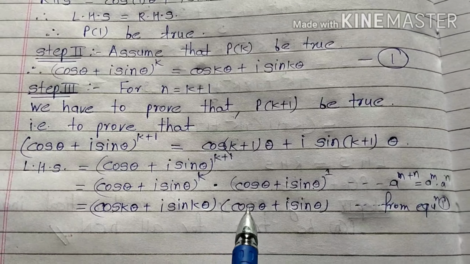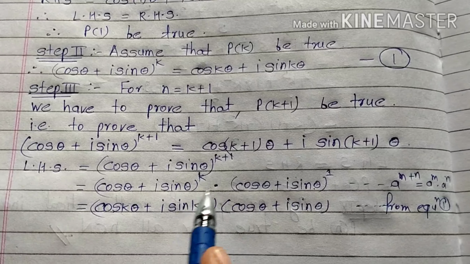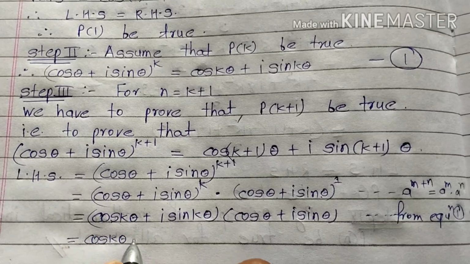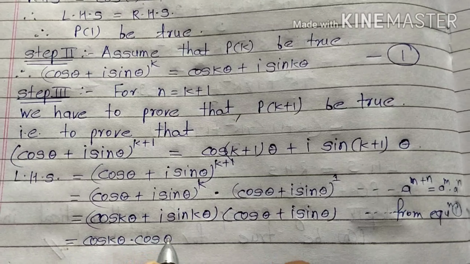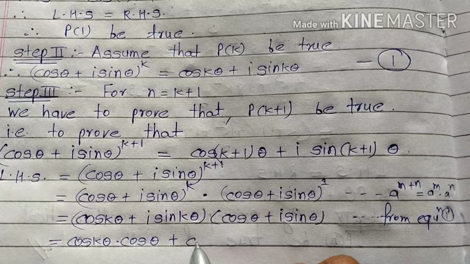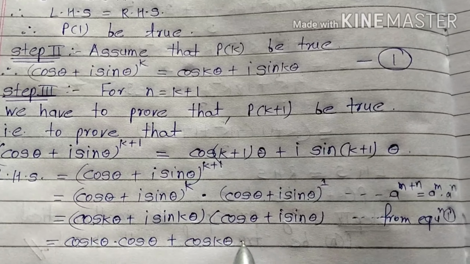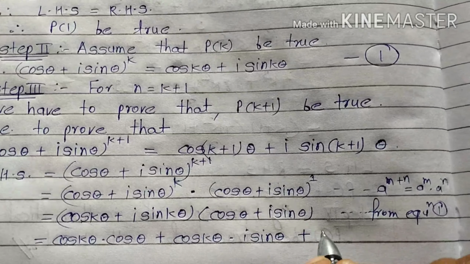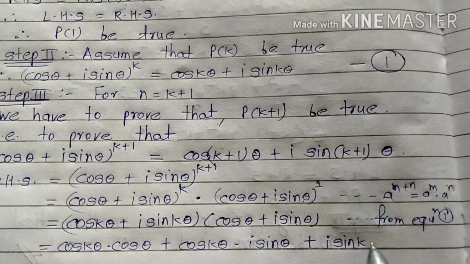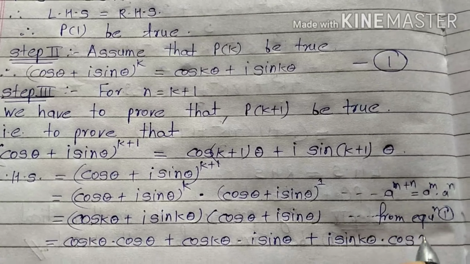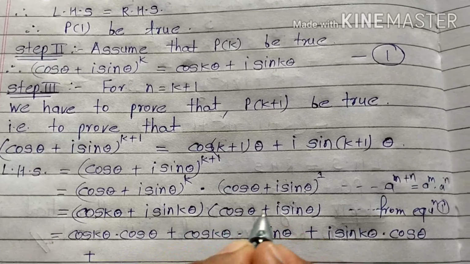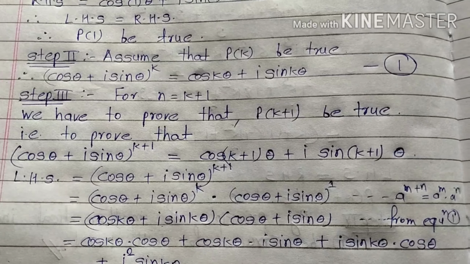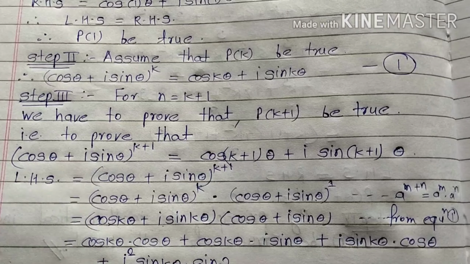Now multiply this first, then this, and then the last. Okay, so it is cos k theta into cos theta plus cos k theta into I sin theta plus I sin k theta into cos theta, and the last I into I, which is I square sin k theta into sin theta.